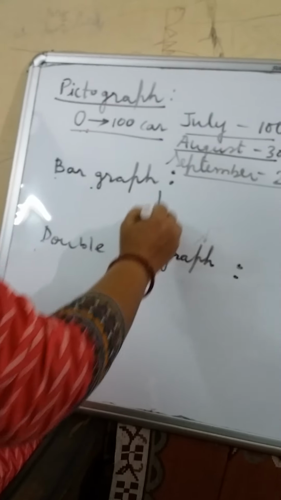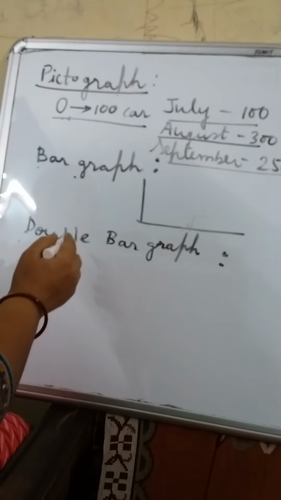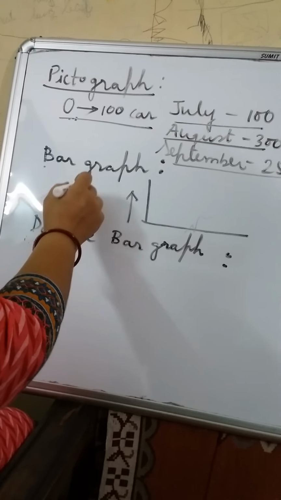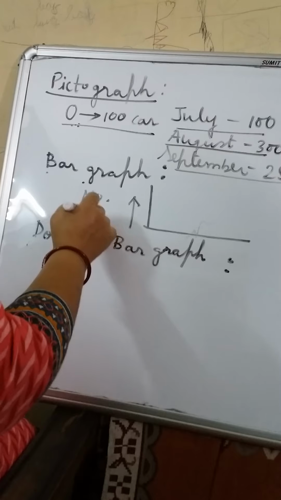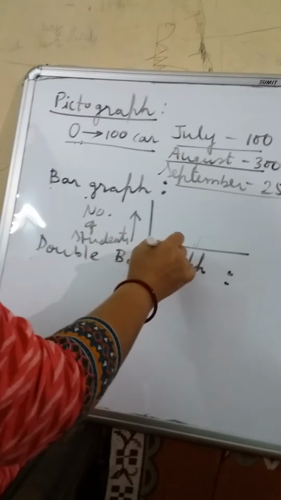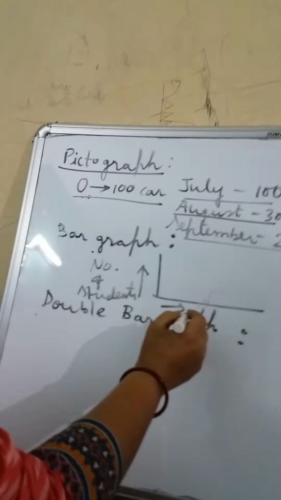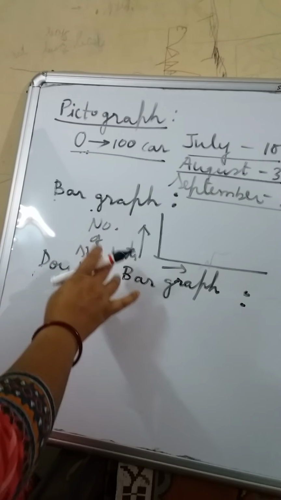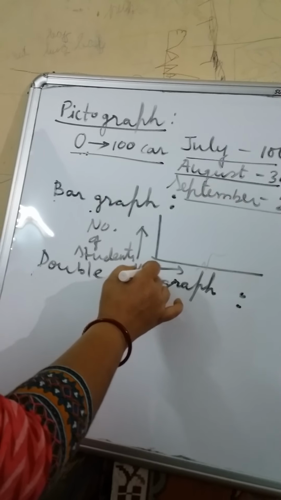So if these are two variables, this is the number of students and here this is the year, say the year-wise variation of the number of students in class 8.